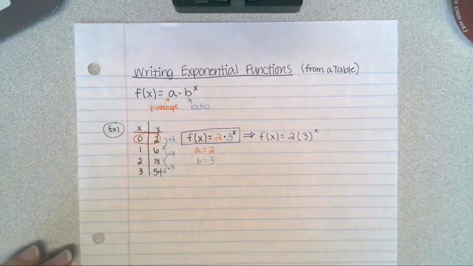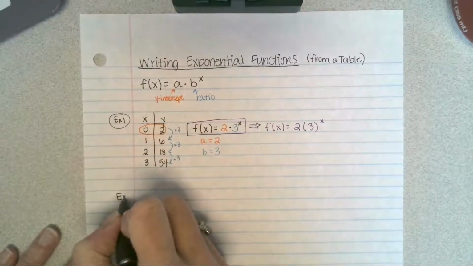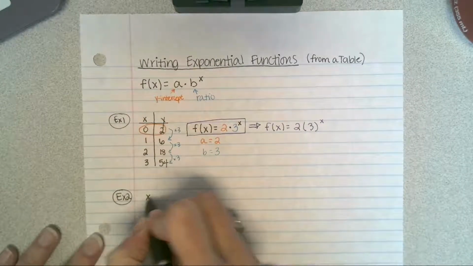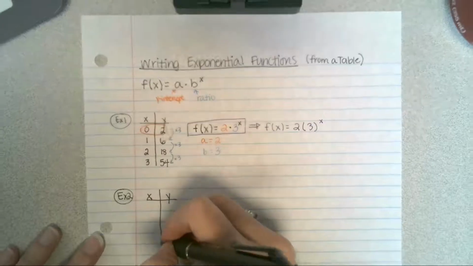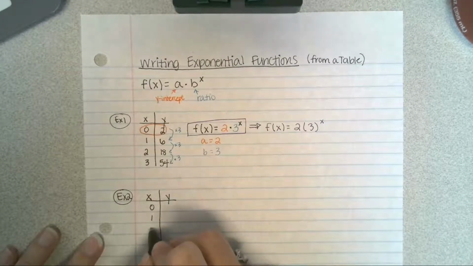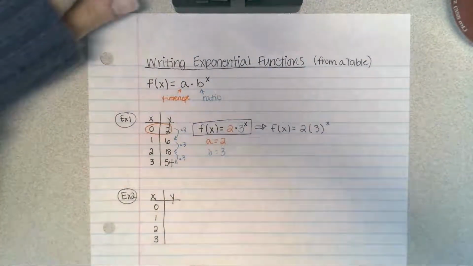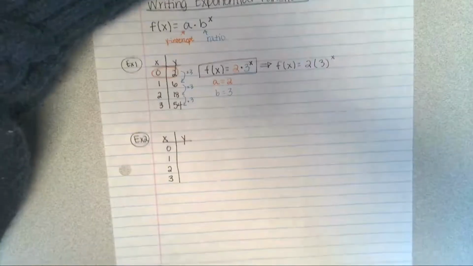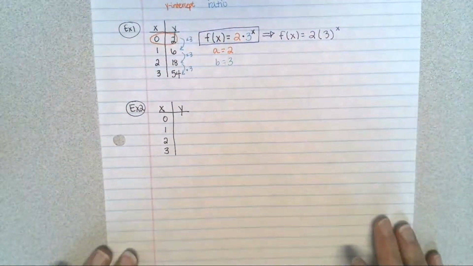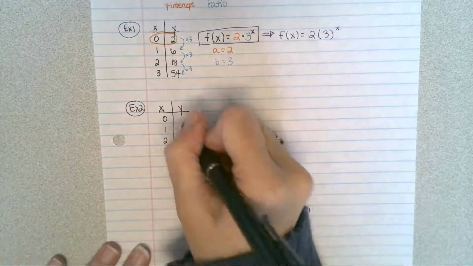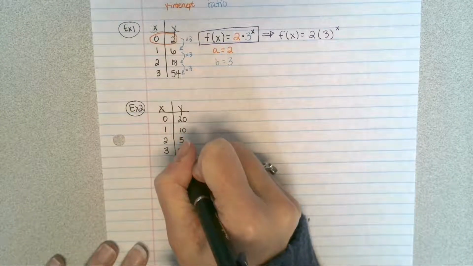Okay. Let's go ahead and do a second example. We're going to create another XY table here. We're going to have the same x values of 0, 1, 2, and 3. And then my y values this time will be 20, 10, 5, and 2.5.